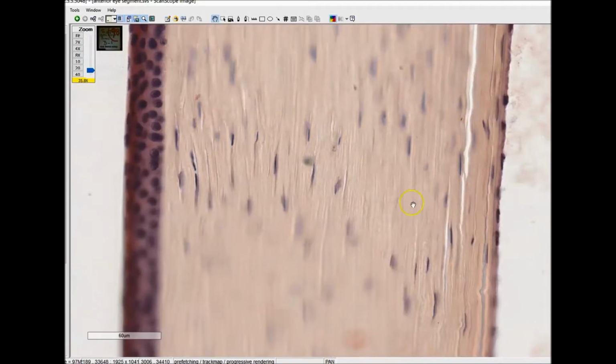And you notice that all of this material appears to be in one orientation, the cells and all of this matrix, which is mostly collagen fibrils.